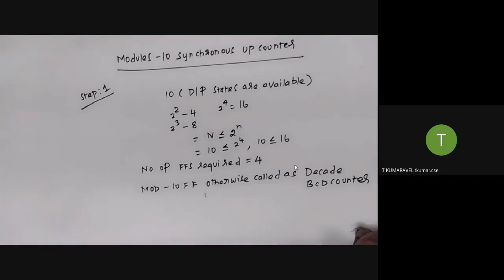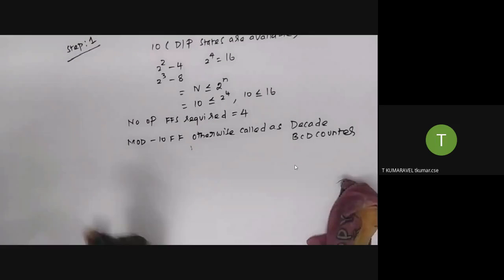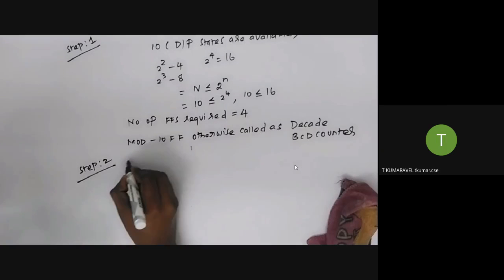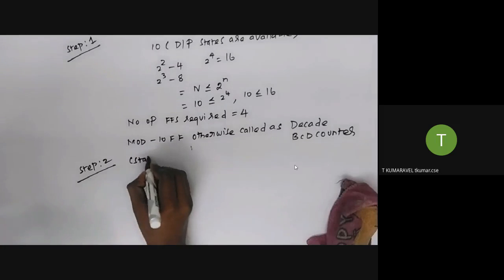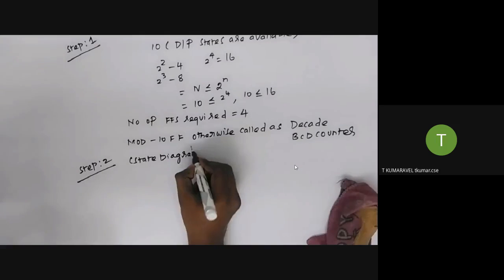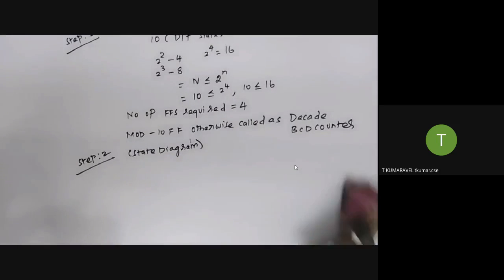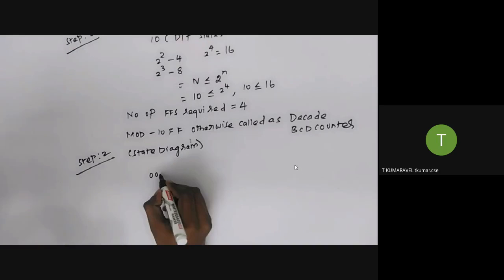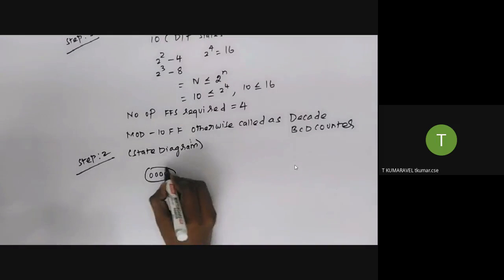What is the next step? Step 2: we should write the state diagram for the given problem. Okay, so the initial state is 0. What happens? It keeps on increasing.